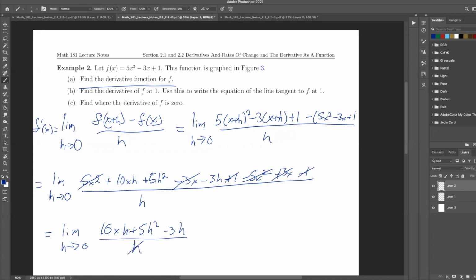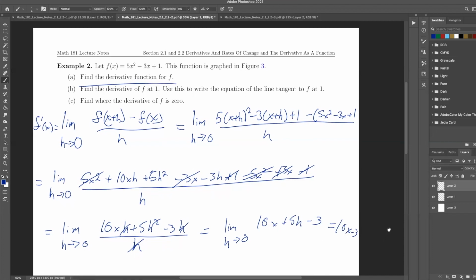And here we can cross off an h. And this is going to equal the limit as h goes to 0 of 10x plus 5h minus 3. And here, we can just directly plug this in, and we just get 10x minus 3.